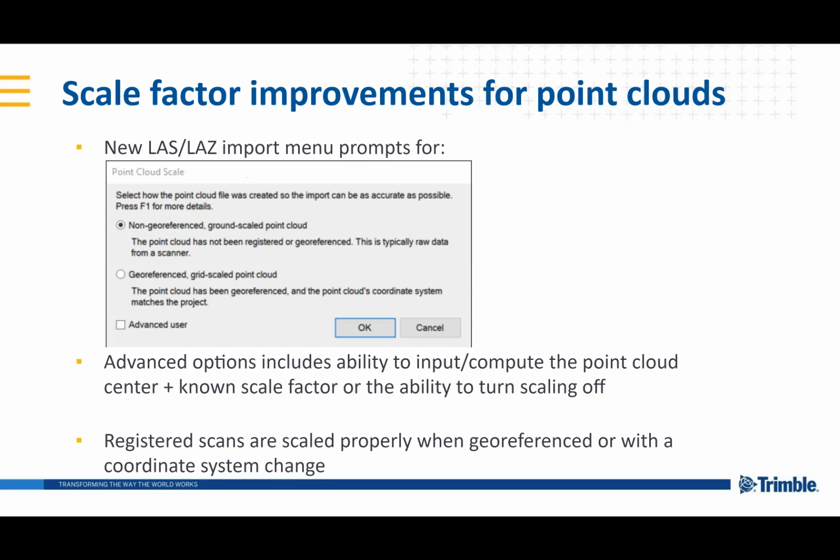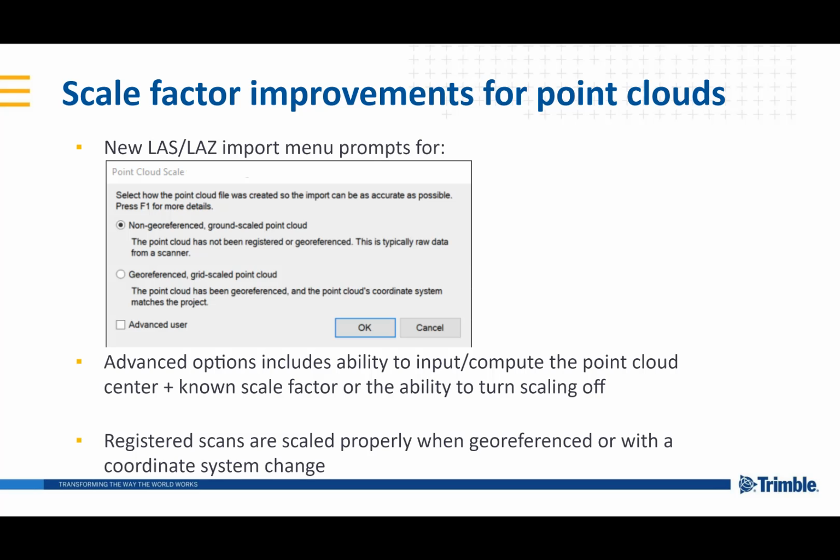And if your situation doesn't fall into one of those two, we've got the advanced user options, which include the ability to input or compute the point cloud center and known scale factor, or the ability to turn the scaling off, which is how previous versions of TBC imported point clouds.